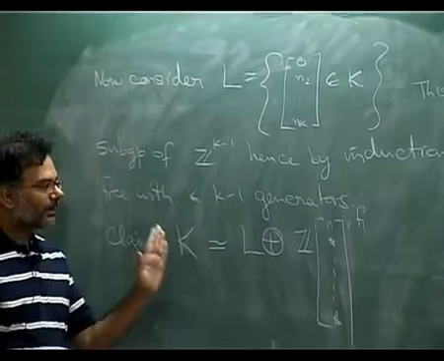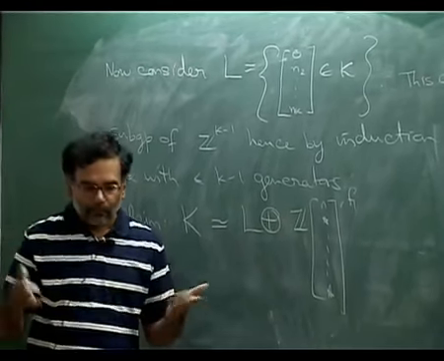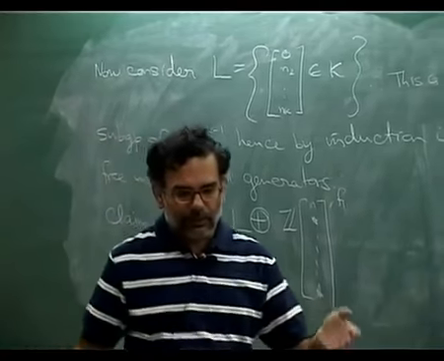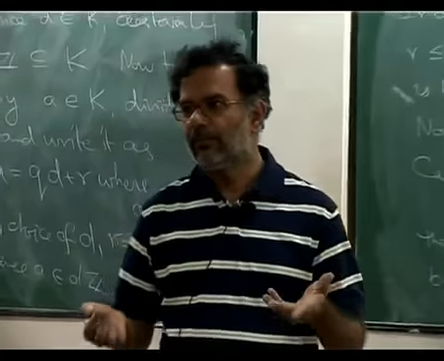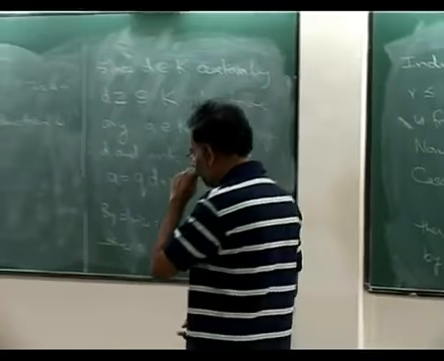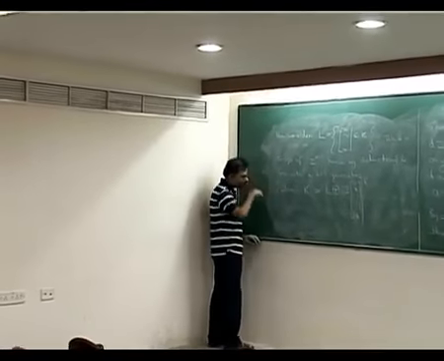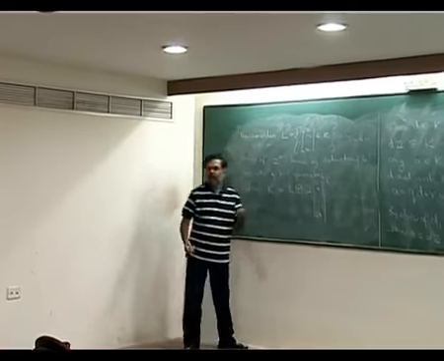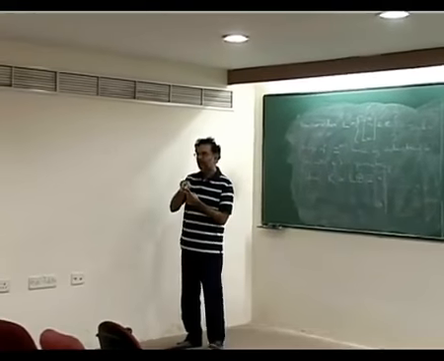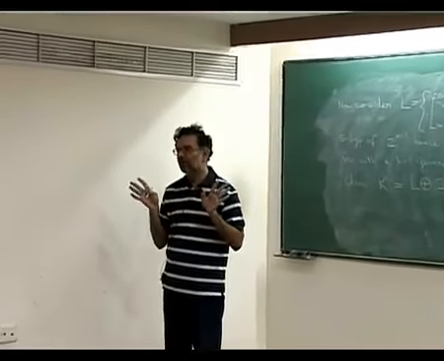I want to prove that K is isomorphic to this subgroup direct sum that subgroup. So how do you know? When I have an abelian group and two subgroups given, I want to know when it is the direct sum of these two. This is typically done much earlier: G is isomorphic to H cross K if H intersect K is trivial and HK is the whole of G. This is all you need.